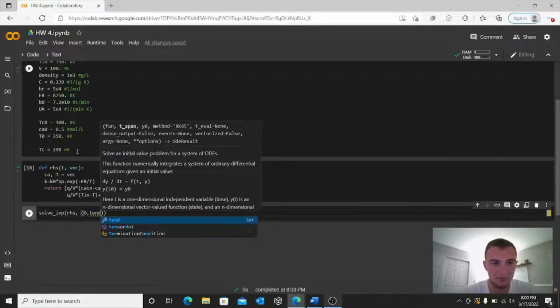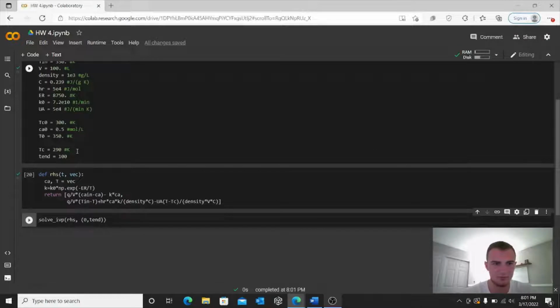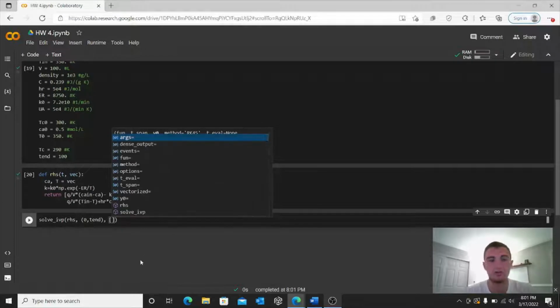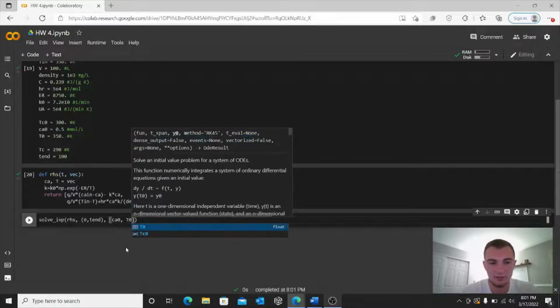I'll set that as a variable to start, and we can change this throughout our simulation to see different simulation periods, but I'll just set it to 100 first. Next we will need to supply our initial conditions. So we have our CA naught and the temperature of our contents initially.